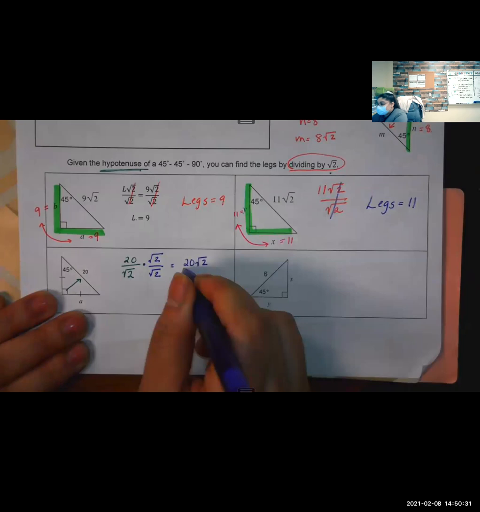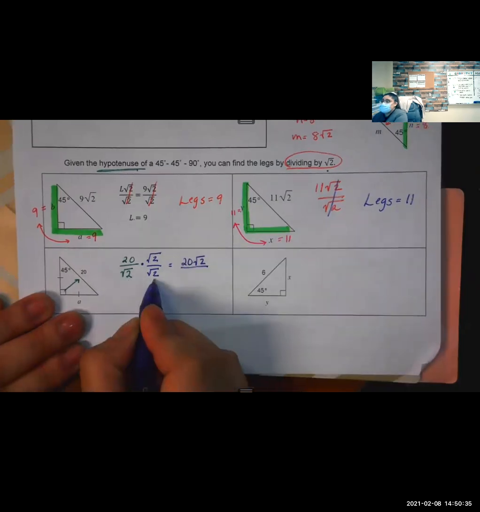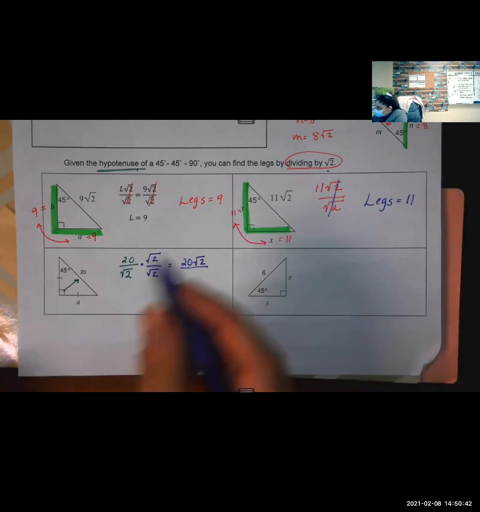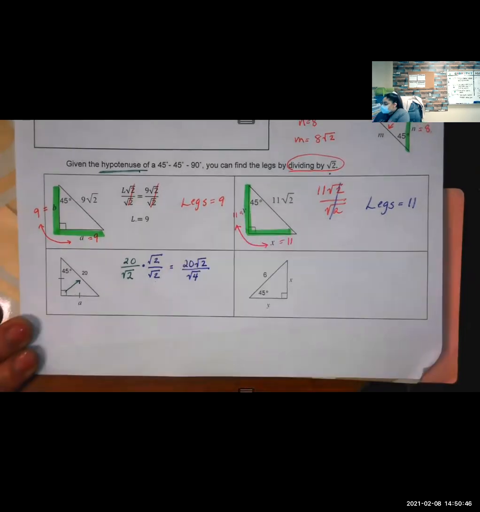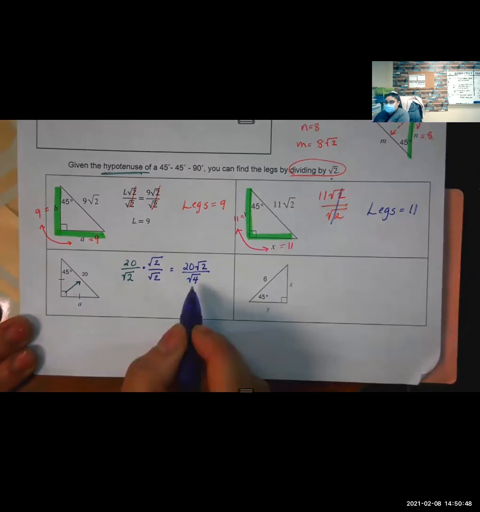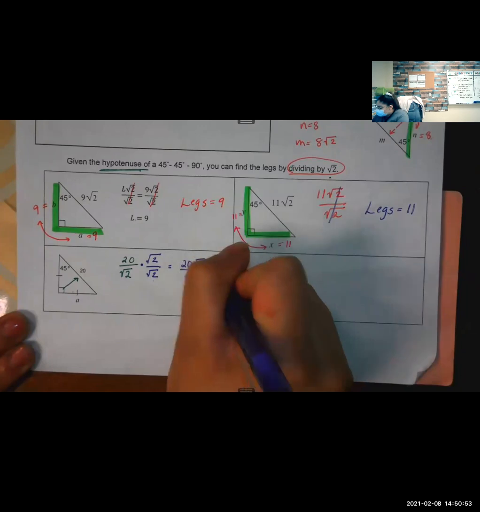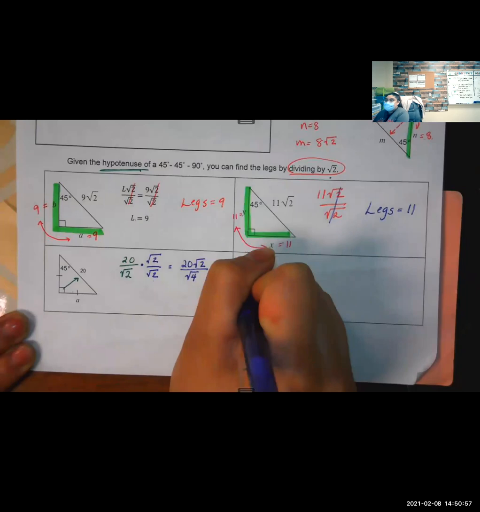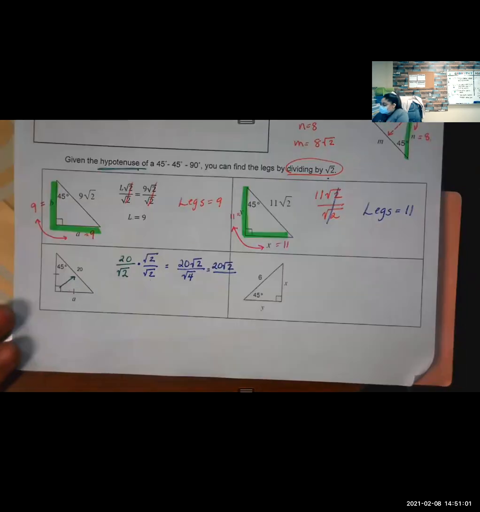In the denominator, the square root of 2 times the square root of 2, notice both of these numbers are inside of the radical. So 2 times 2 gives me the square root of 4. But 4 is a perfect square. And hopefully we know what the square root of 4 is equal to. What number times itself is equal to 4? Anaya holds up 2.